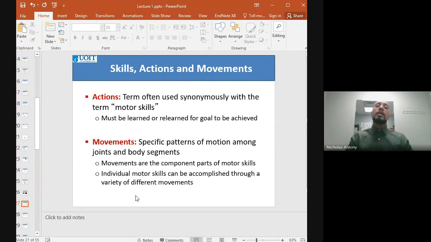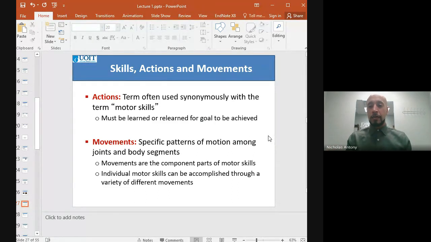That's why research had a bit of a problem trying to figure out terminology. The term movements is the specific movements that an individual uses to achieve the motor skill. So people can do the same motor skill, like touching their nose, but they may do much different things in terms of the movements that are utilized.